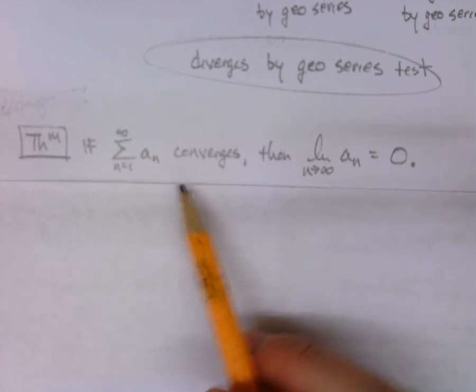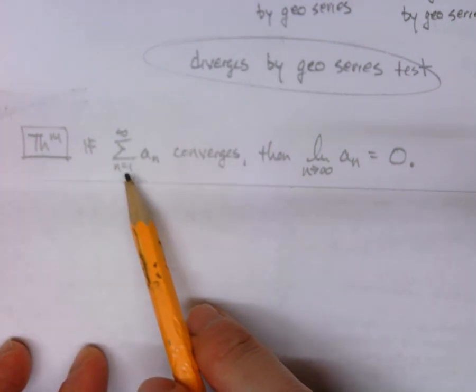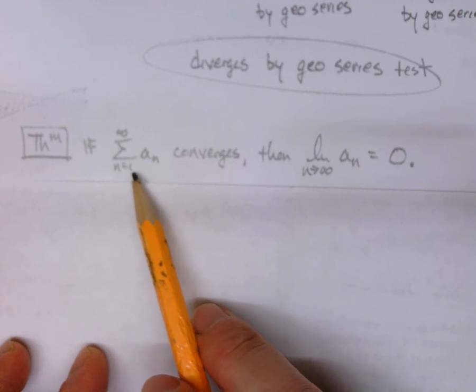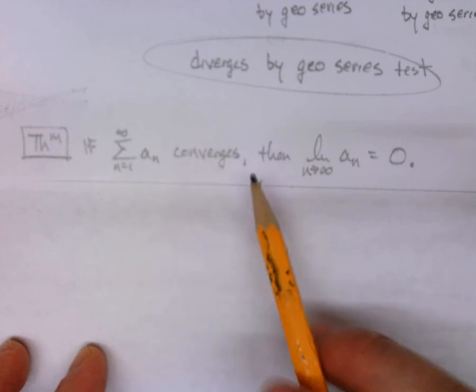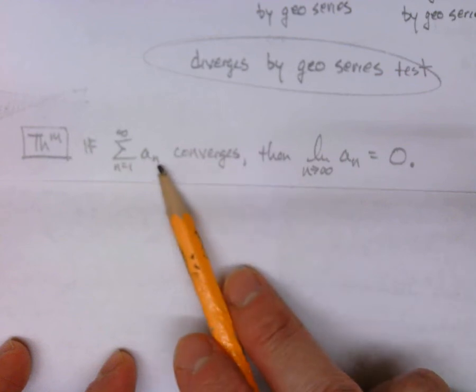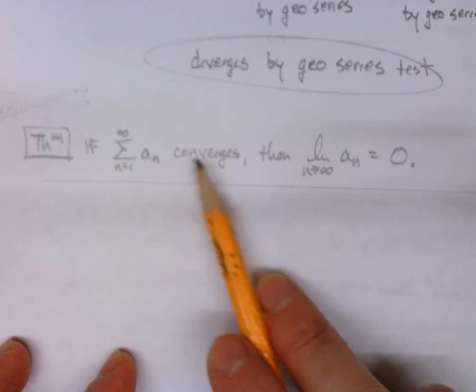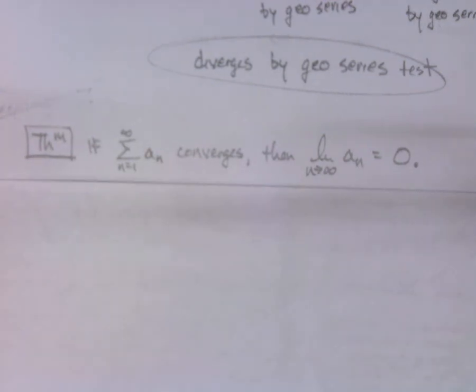If a series converges, and you notice that it starts at n equals 1, that's kind of the default. It could start anywhere. Any infinite series, if it converges, then the limit as n approaches infinity for that nth term describing the sequence, that limit must equal 0.